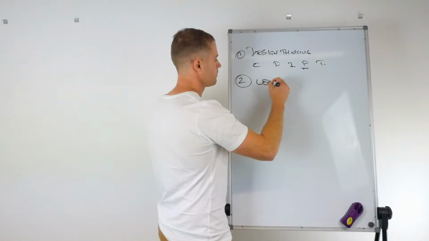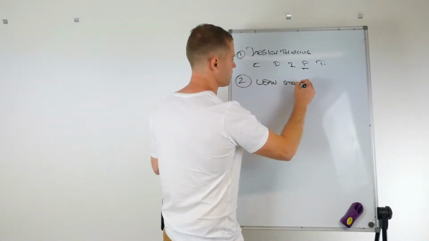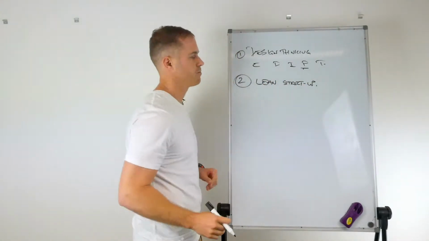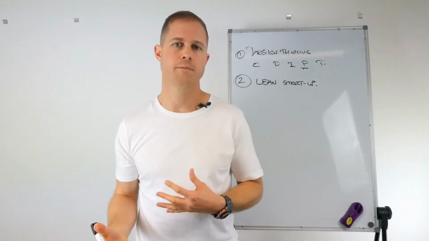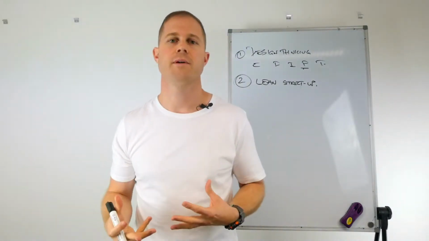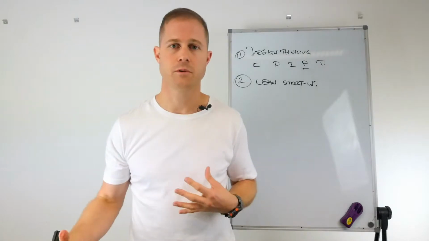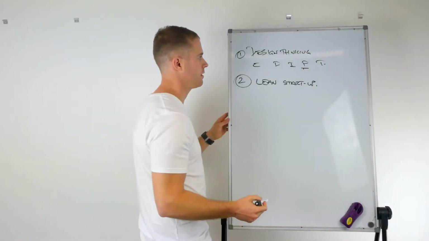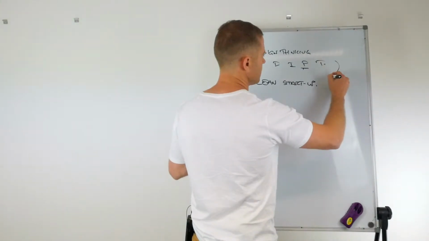Secondly is lean. So lean startup based on Eric Ries, his book, and build, measure, learn. We utilize that methodology to prove out our business model beyond design thinking. So these 2 things work together hand in hand.